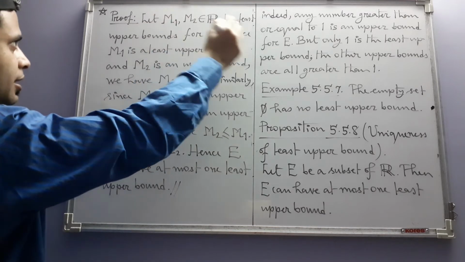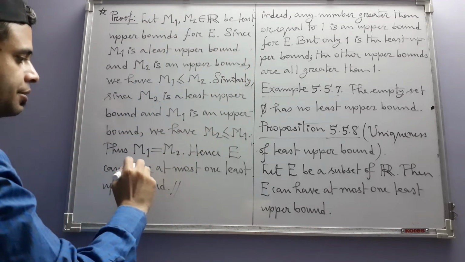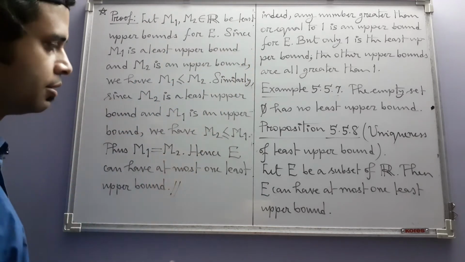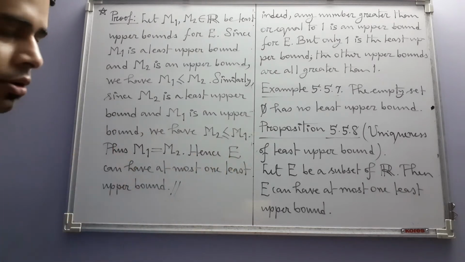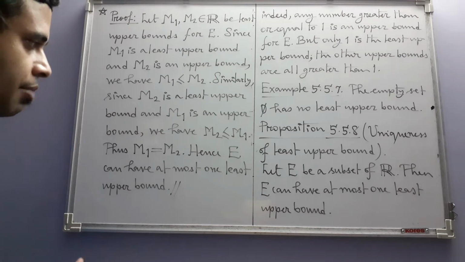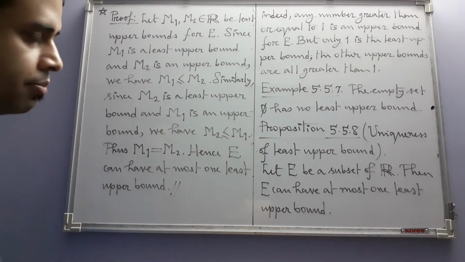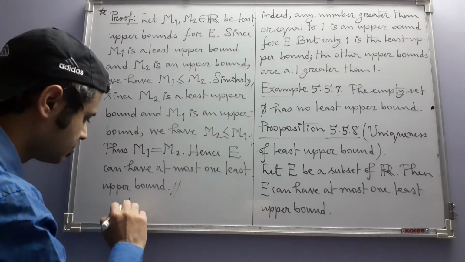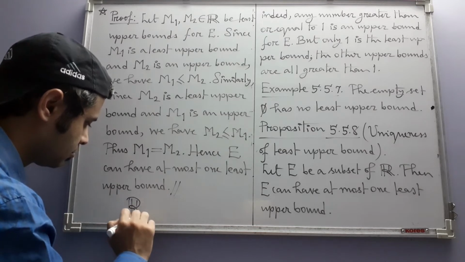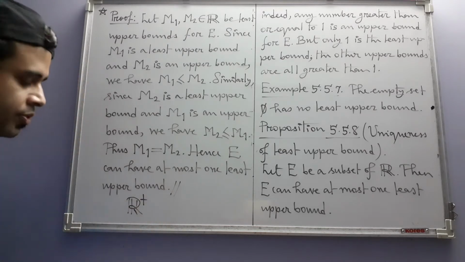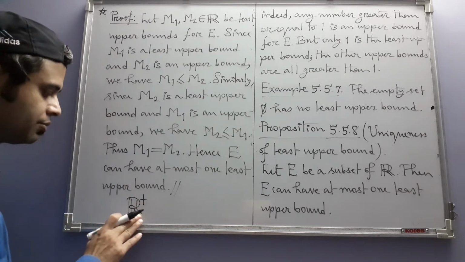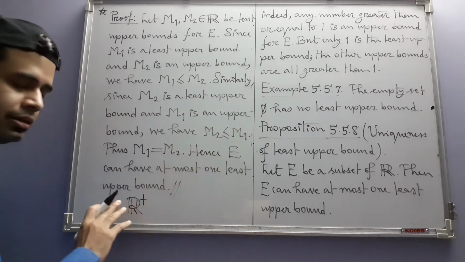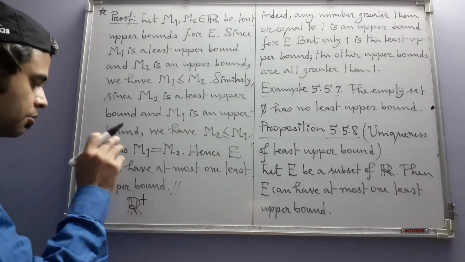There may not be any least upper bound for E at all. In fact, there may not be any upper bound for E at all. Just like R plus, the set of all positive real numbers. We have already seen that it has no upper bound.